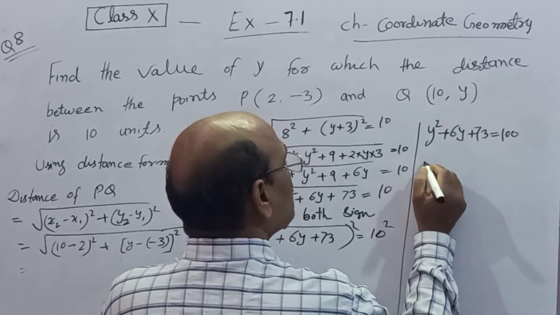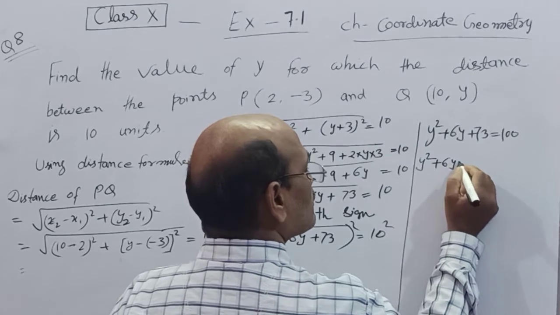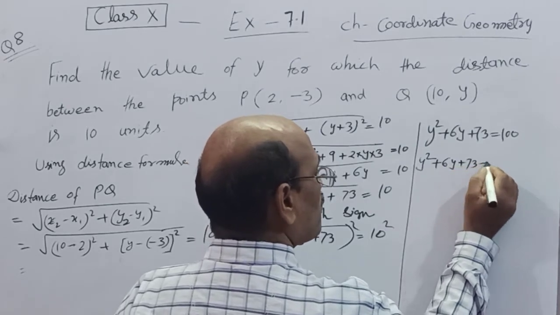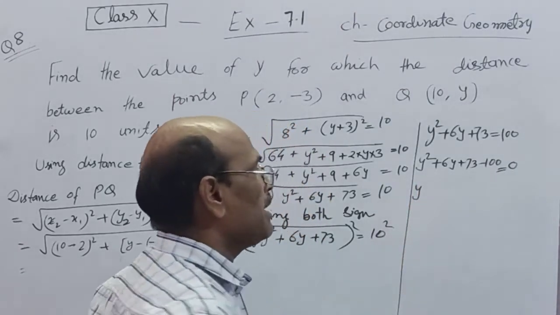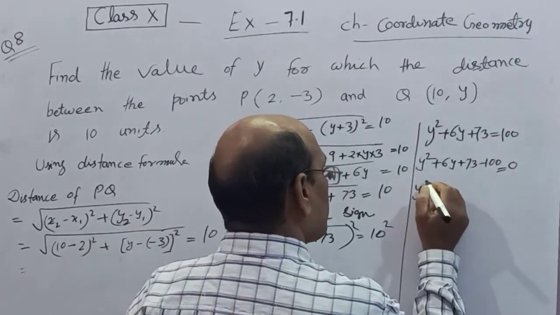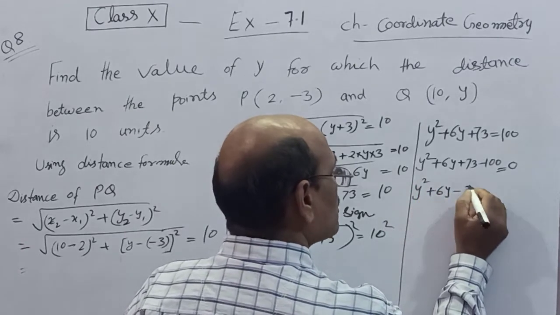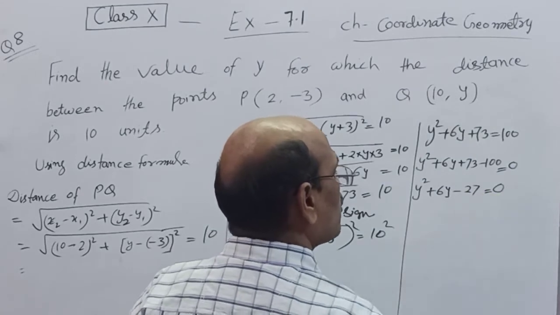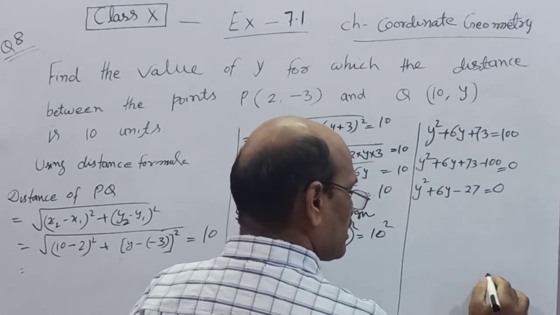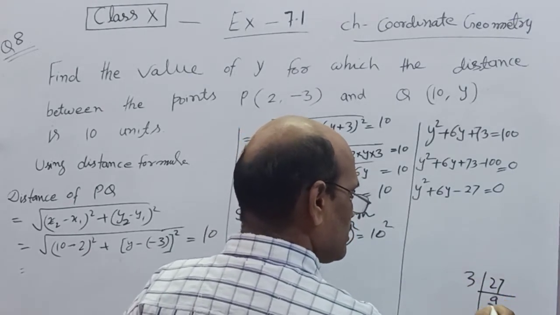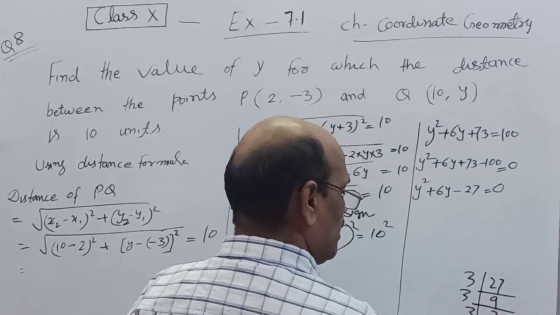Okay, and then y square plus 6y plus 73 minus 100 is equal to 0. In this question we have to split y square plus 6y minus 27 is equal to 0. Splitting 27, the factors of 27: 3 nines are 27, 3 threes are 9, and again 3 ones are 3.